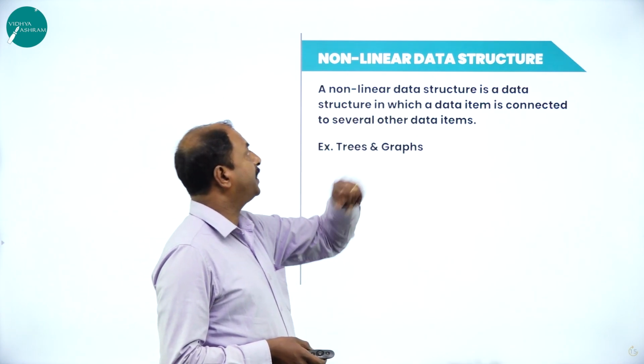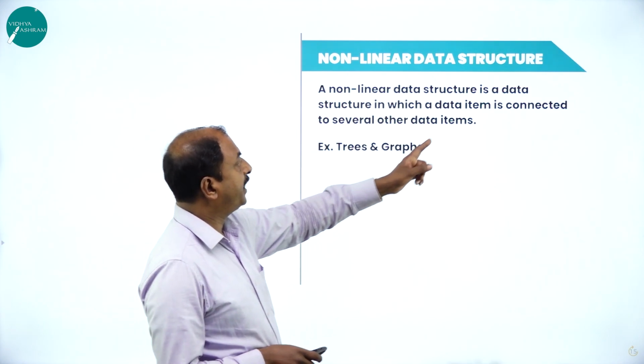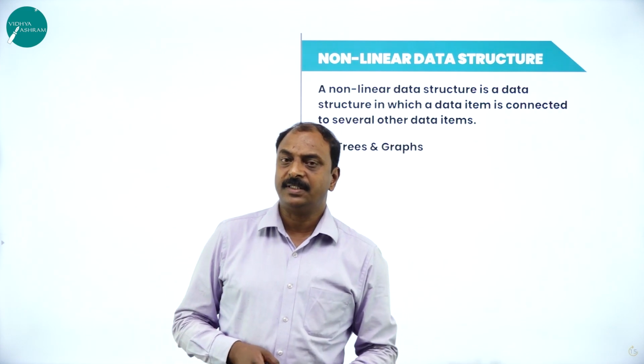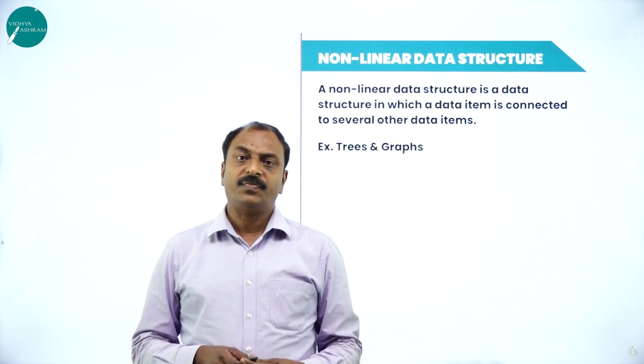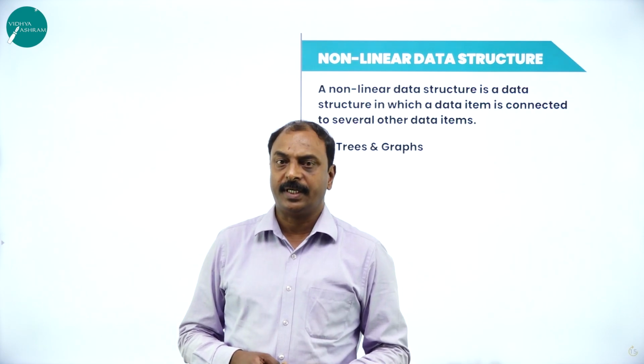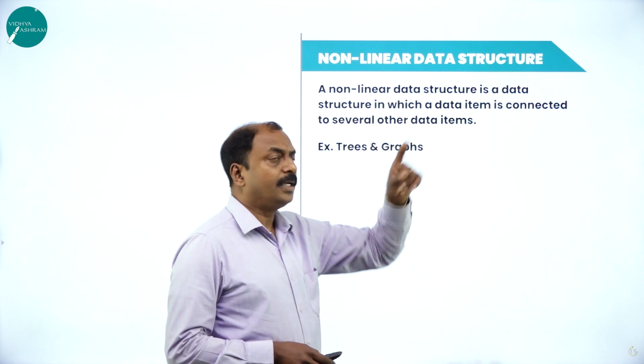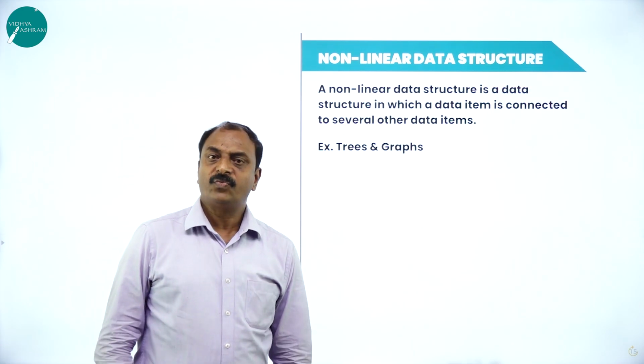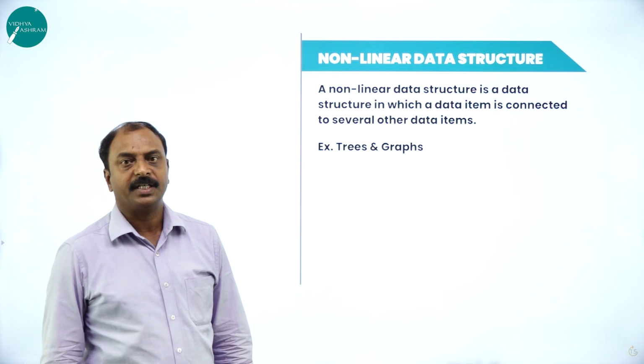Whereas in non-linear data structure, data items are connected to several other data items. It means there is no definite order to store the data in non-linear data structure. Trees and graphs are examples of non-linear data structure.